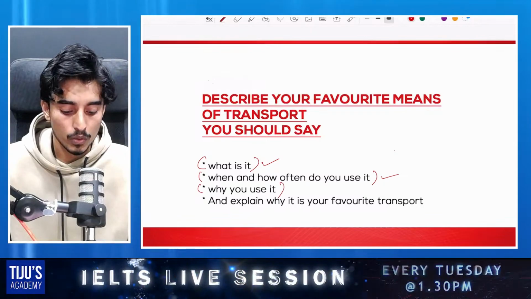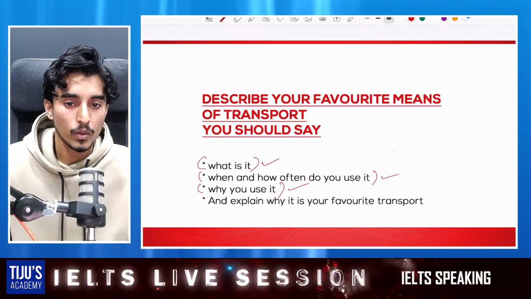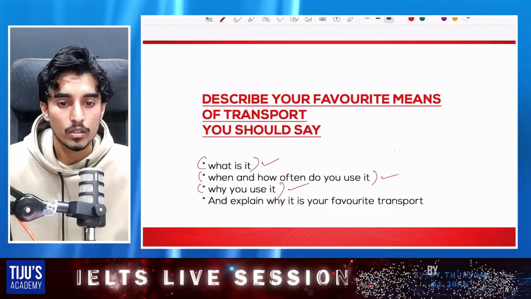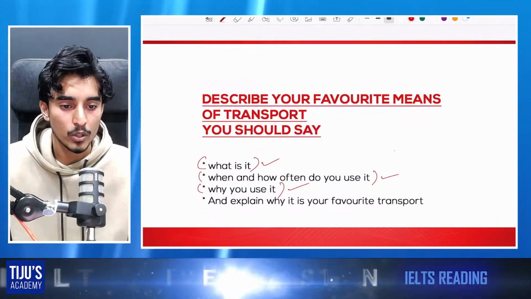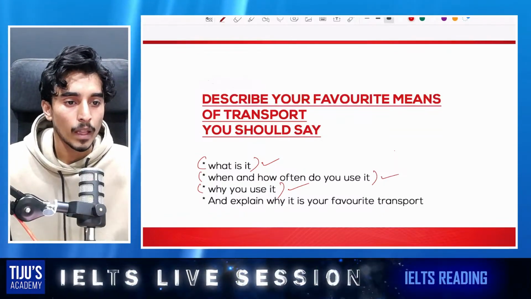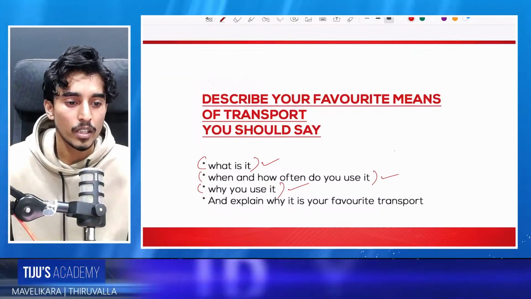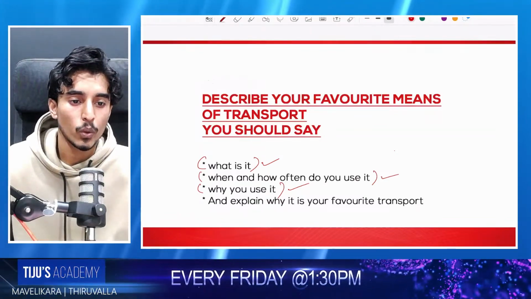Next, why you use it. So this is the place where, as I already mentioned, you have to explain why you use that means of transport. If you're a person who goes on regular trips, and if you like to travel a lot to different kinds of places, then it might be related to your interests. So you can say, I'm a travel enthusiast. I like to go to different places, and traveling is my main hobby. So I use my own vehicle, my bike, to go anywhere I want.